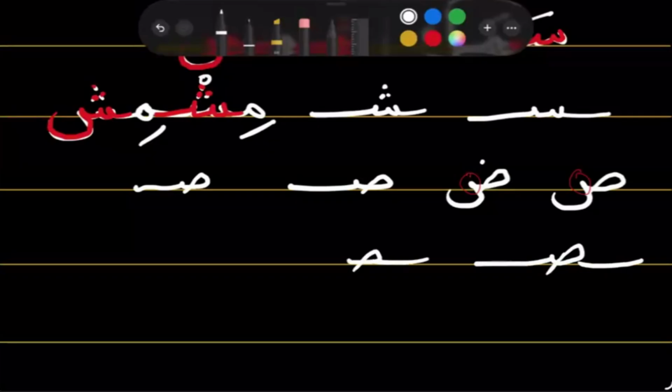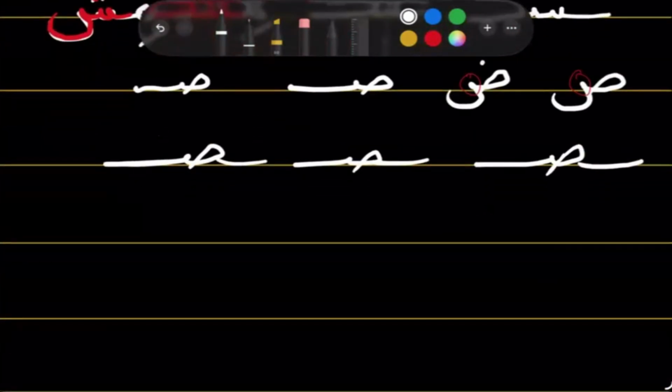So you see that? Picked my pen up. Previous letter. Pick my pen up. Okay. So sod, you see, it's connecting from the letter before it. I lift my pen and I come all the way over here and then connect to the letter after it. Same thing for bod, just bod has a dot.